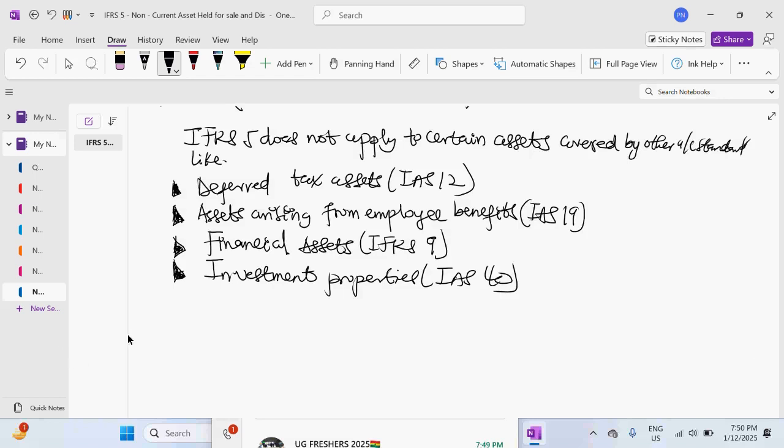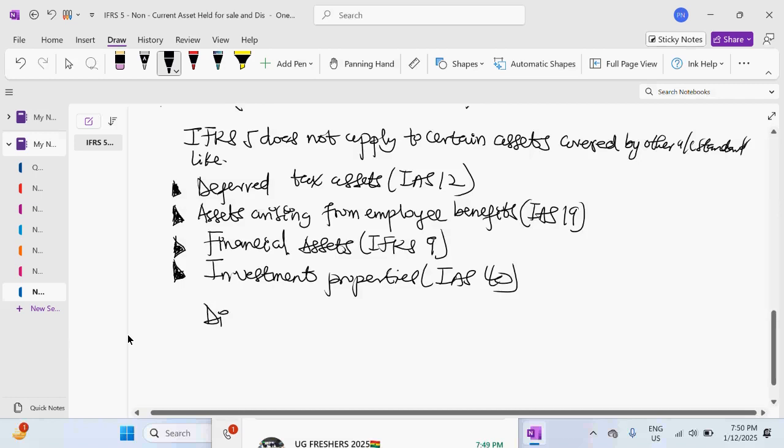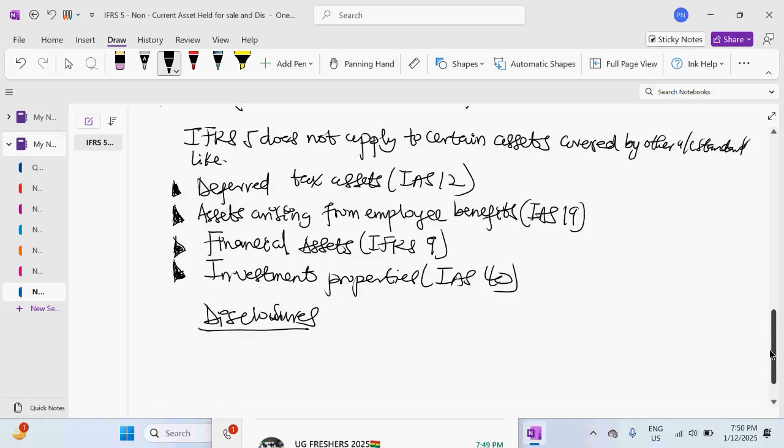So what are some of the disclosures? How do we disclose? So we talked about the measurement. In the period in which a non-current asset or disposal group has been classified as an asset held for sale or sold, IFRS 5 says that the entity must disclose.